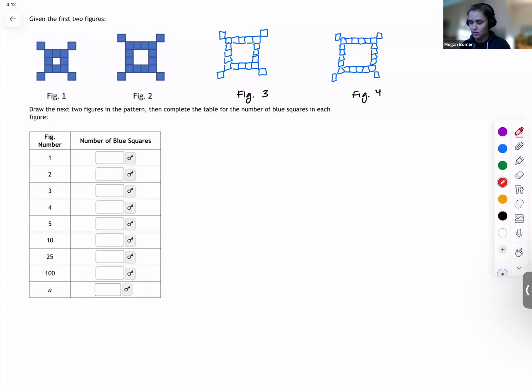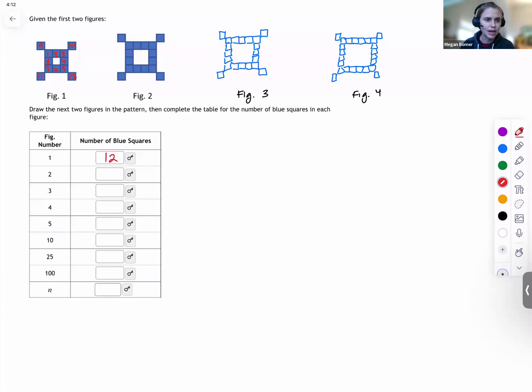So the first thing that I want to do is, for these ones where we have an actual picture drawn, just count the squares that are showing up so that we can put those into our table and start to look for patterns. In figure number 1, we see 1, 2, 3, 4, 5, 6, 7, 8, and then 9, 10, 11, 12 as we make our way around.